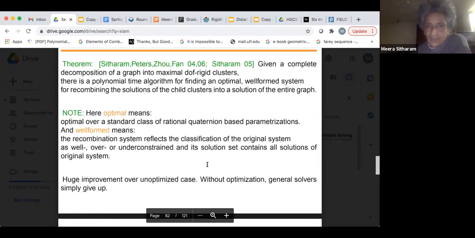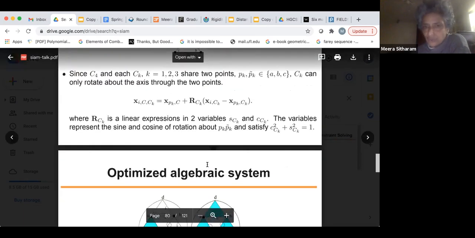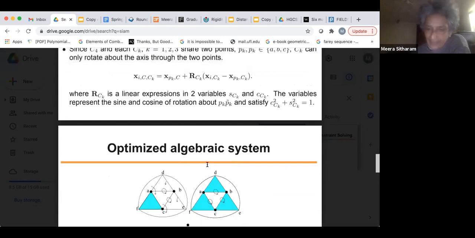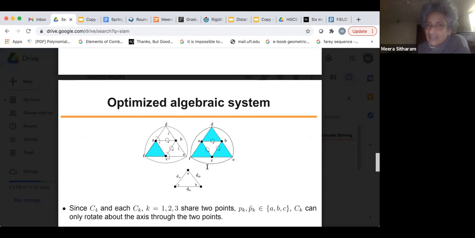So essentially that's the other thing that we will do. The remaining lectures on this DR will be split between D and R. This part that I have talked about, the last part of this lecture, is the recombination part after we have the decomposition. Once we have this canonical decomposition, given that decomposition, how do you optimize the corresponding algebraic system that you will solve?